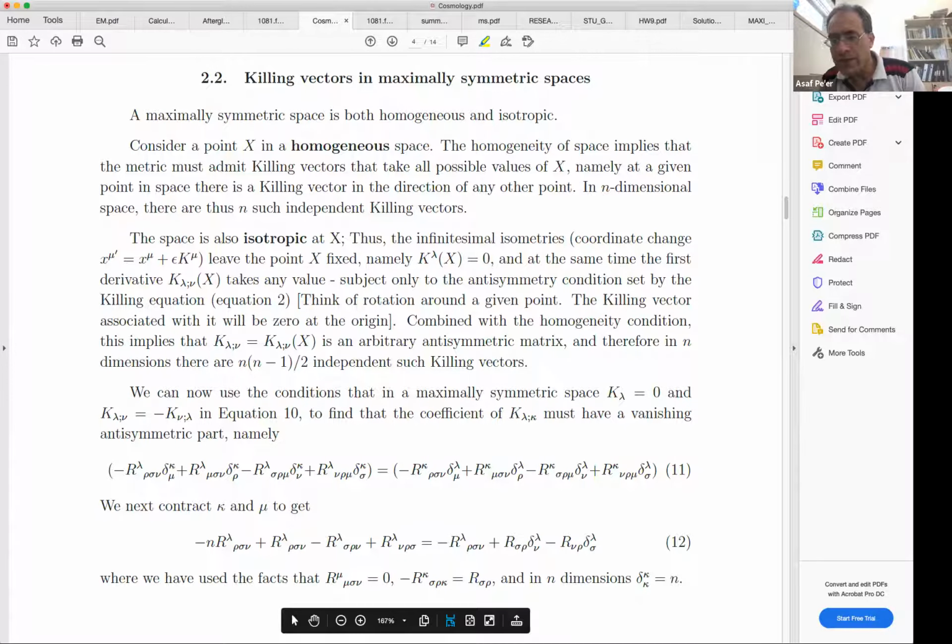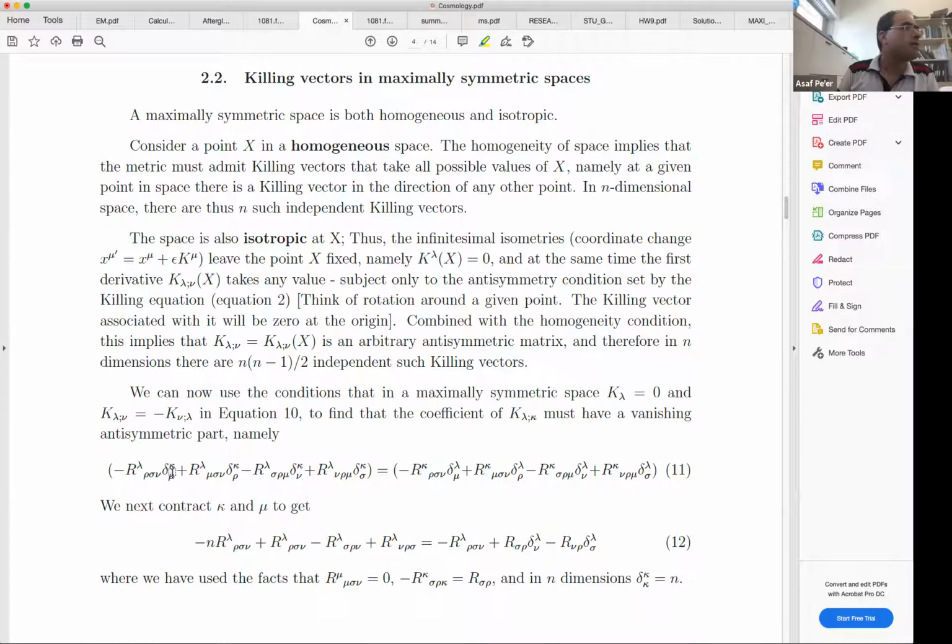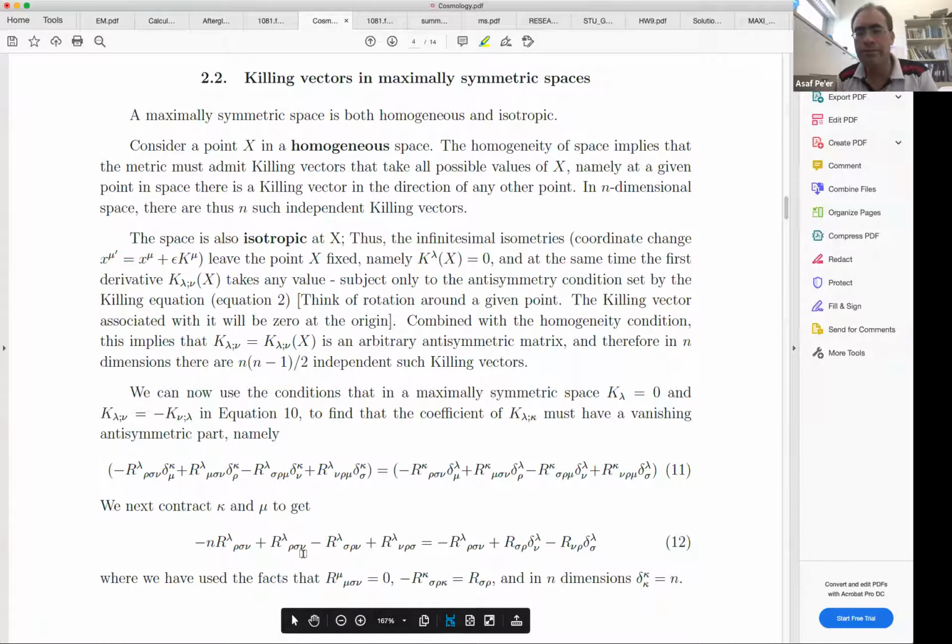Now when I'm contracting kappa and mu, the delta just gives us n, because it goes over the n dimensions. So it's a minus n R lambda rho sigma nu. Plus, I contract kappa and mu, then I have here R lambda, and mu is contracted with kappa, and I have a delta kappa rho, so it's just R lambda rho sigma nu.